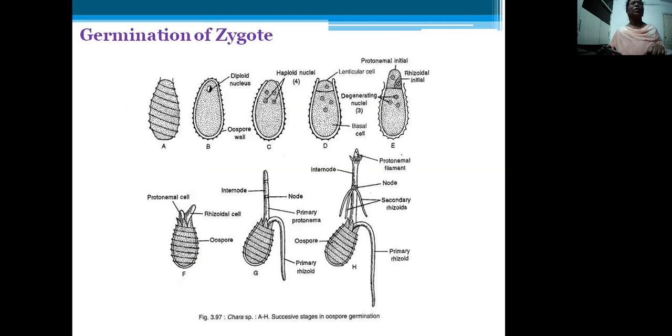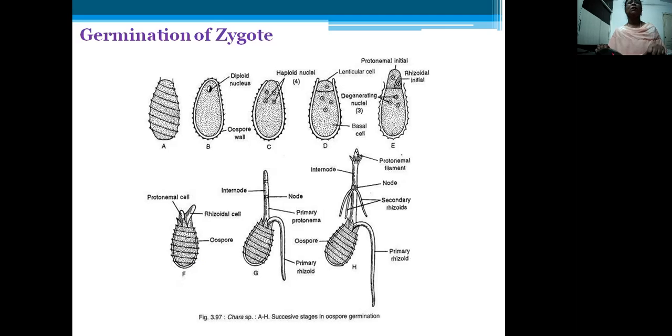This is the germination of the zygote. The zygote present in the oogonium has a diploid nucleus, which undergoes meiosis, a reductional division, to form four haploid nuclei, resulting in a small lenticular cell and a large basal cell.